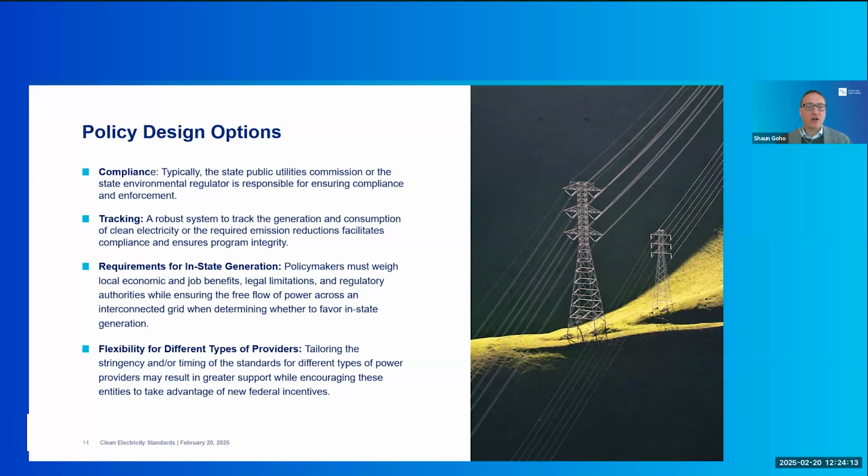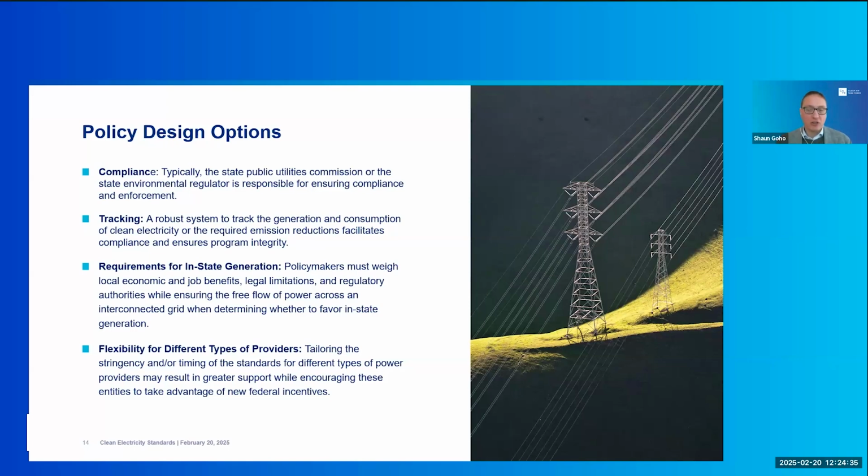The next topic that we looked at as a policy design option is whether a state would include requirements that are specific to in-state generation. So it's possible that a state could choose to either carve out a particular percentage of the energy that must come from in-state generation, or to provide some kind of multiplier, some kind of benefit for including in-state generation.